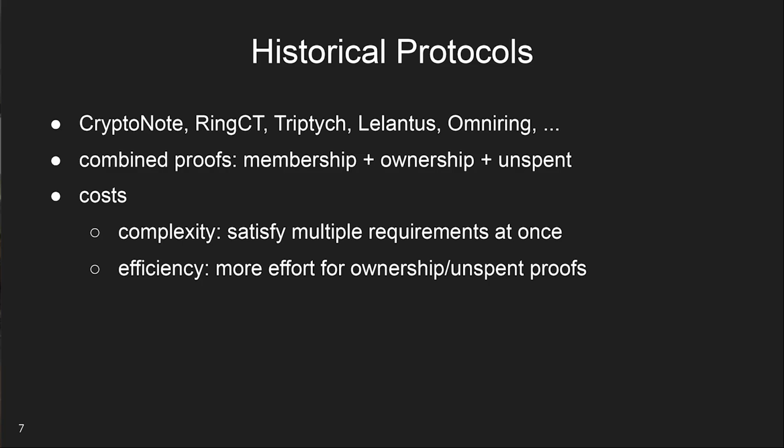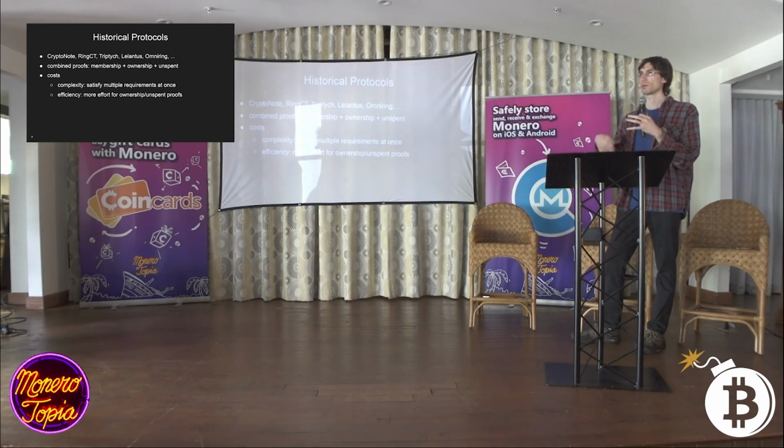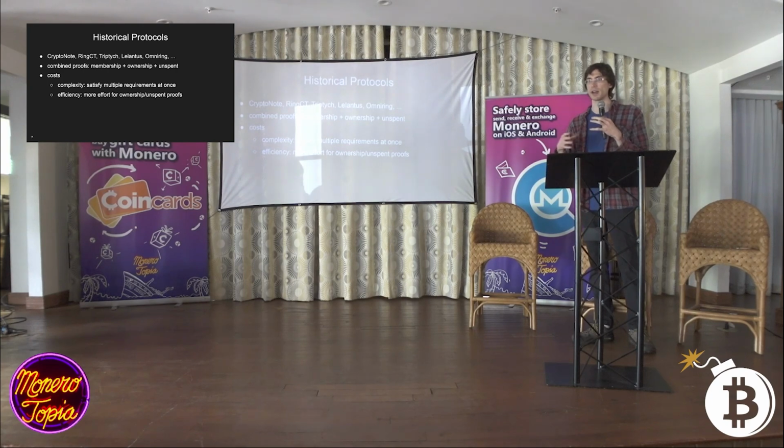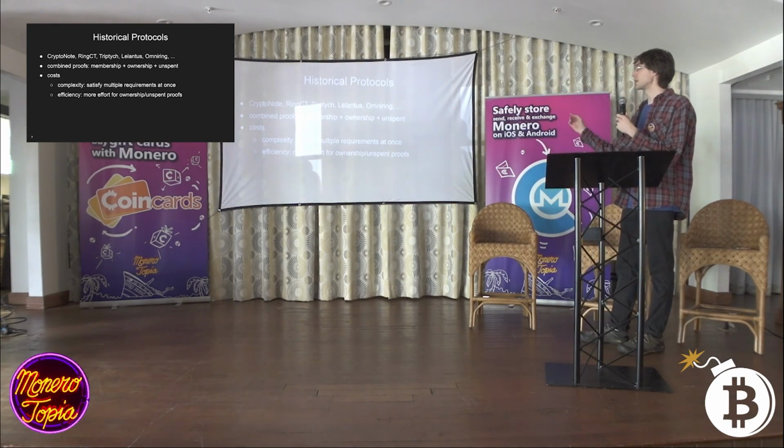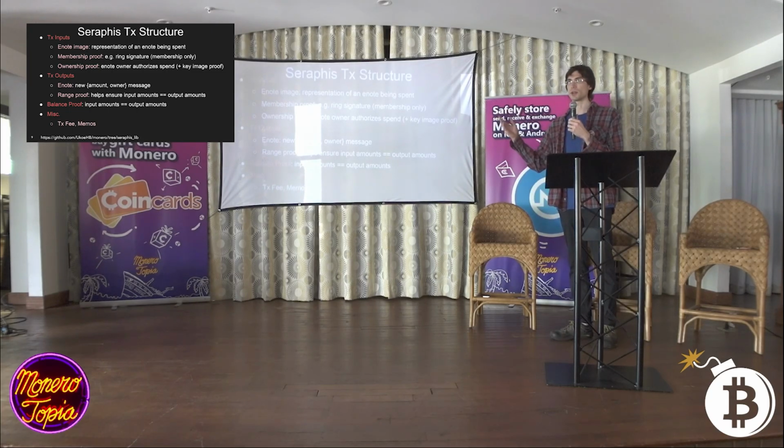And the cost of combining these proofs is complexity. These proofs have to be very complex in order to satisfy all the requirements. And also, there's an efficiency cost because of a kind of multiplicative effect of trying to do one thing and then another thing. So you end up multiplying the cost of these together instead of adding them together. Next slide. So now we can go into Seraphis, which attempts to address some of those drawbacks.